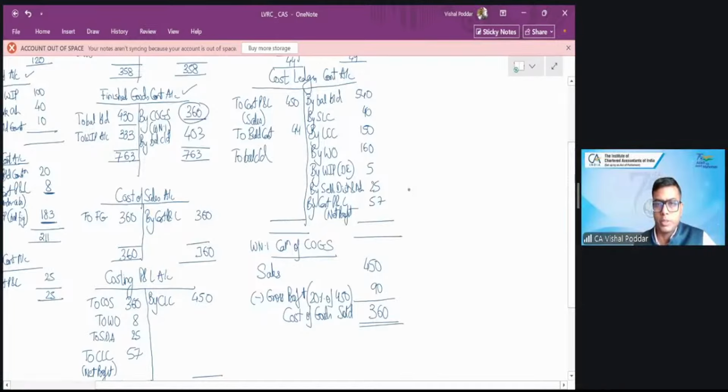So this total is 887 minus 415.4. So the balance, students, is 393.